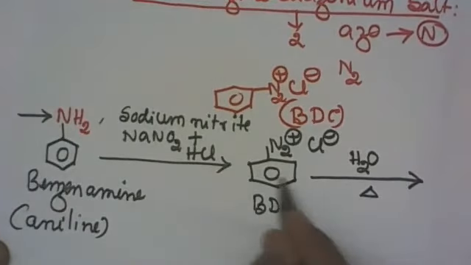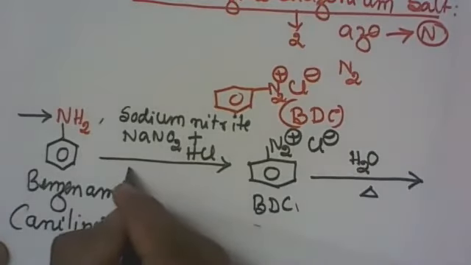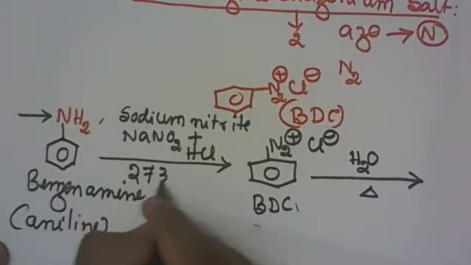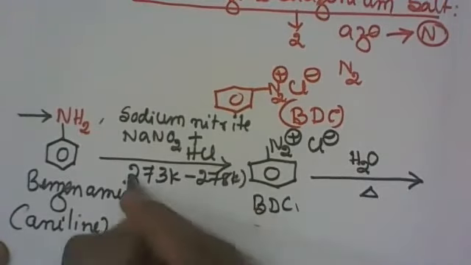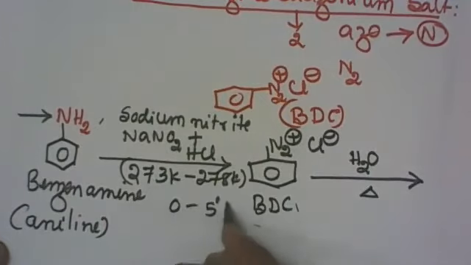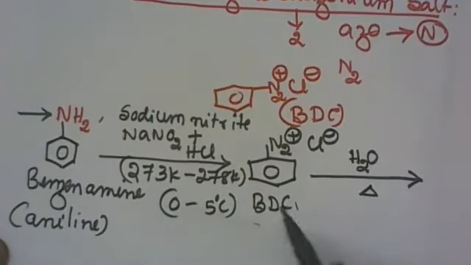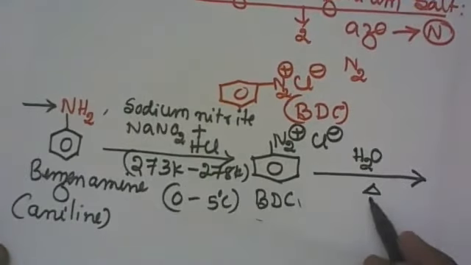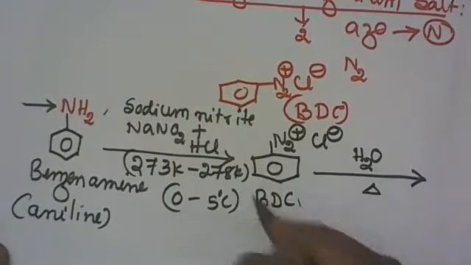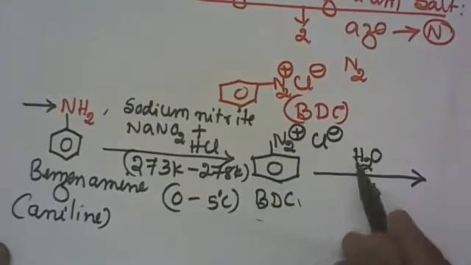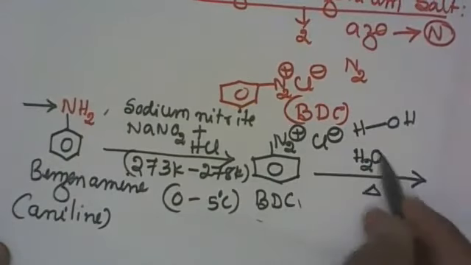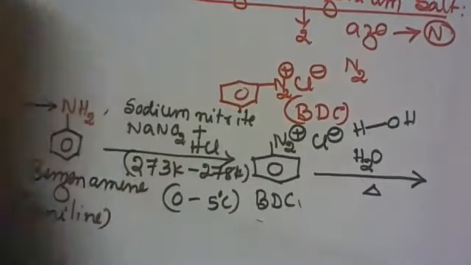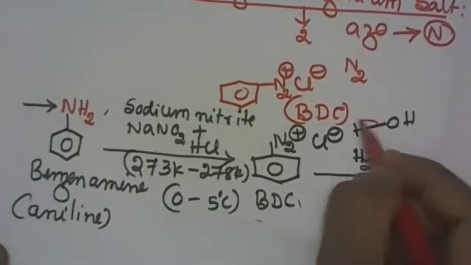Now this BDC is stable only at lower temperature, 0 to 5 degrees, or in Kelvin, 273 Kelvin to 278 Kelvin. Suppose it comes to room temperature, what will happen? It will undergo hydrolysis. Water molecule can be written like HOH.